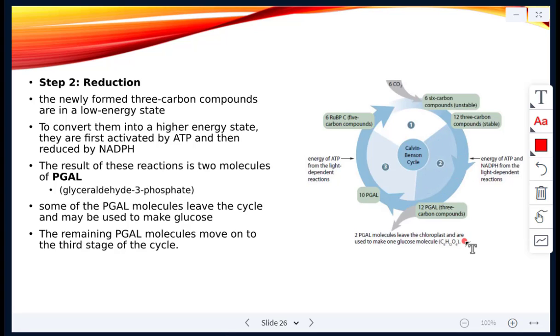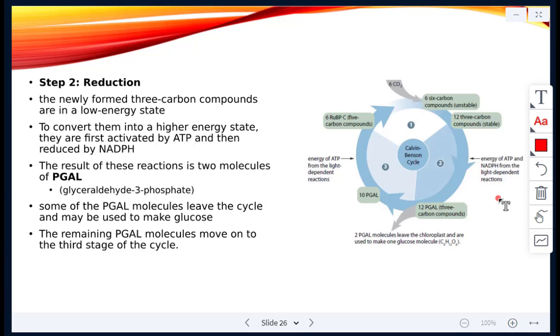Step 2 is reduction, which is happening right here. This is now going to take those newly formed 3-carbon compounds. They're in a low energy state, and they're going to get converted to a higher energy state. They first get activated by ATP, and then they get reduced by NADPH.